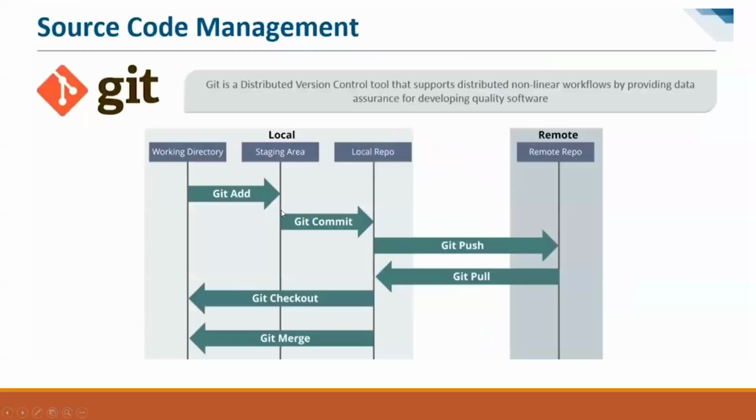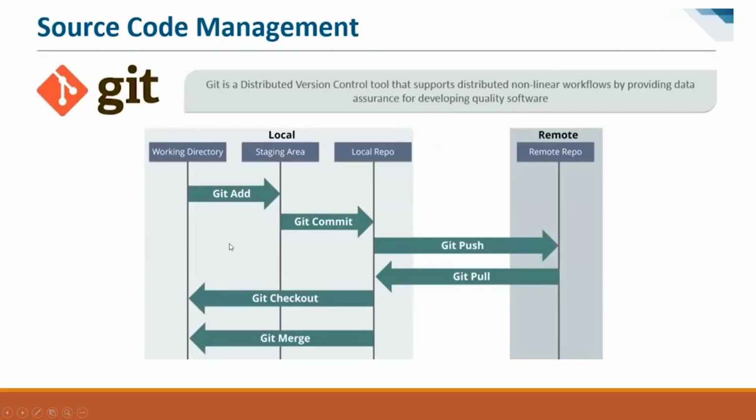So this is your local repository and this is your remote repository. Remote repository is nothing but GitHub, the remote repository. Git is the local repository. So how can you push the code from the local repository to a remote repository?